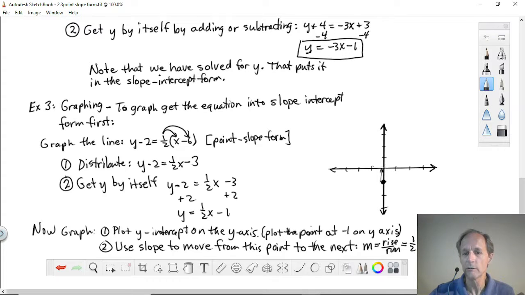So we go over 2. Okay, up 1, over 2. And then that gives us our next point. Okay? And then we connect those to make the line. And that's it. We have graphed that line.